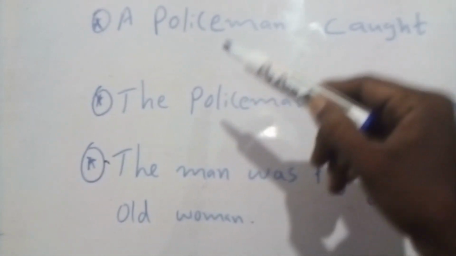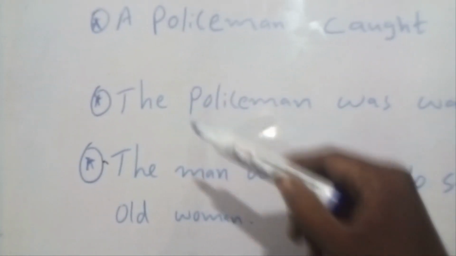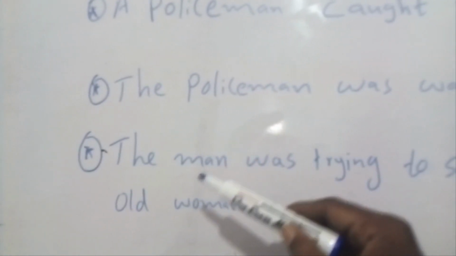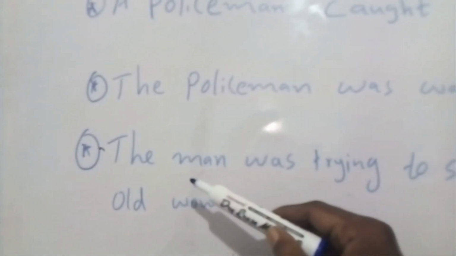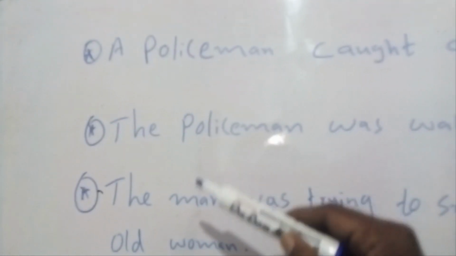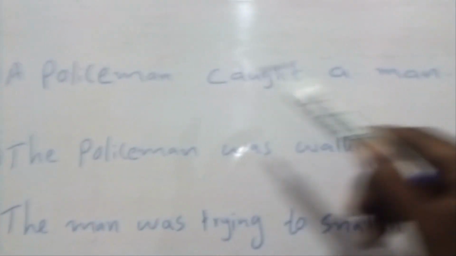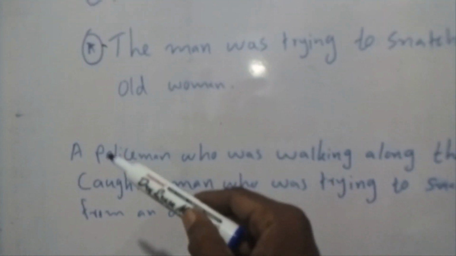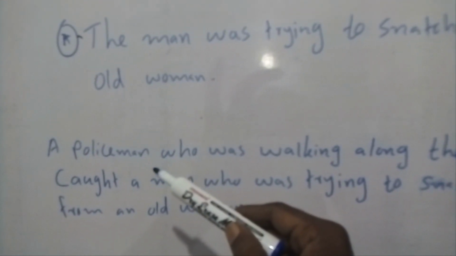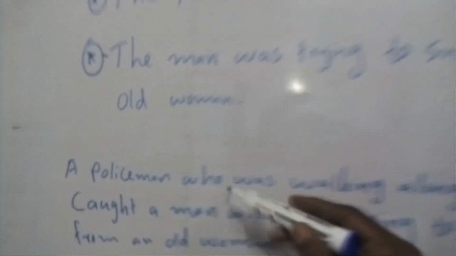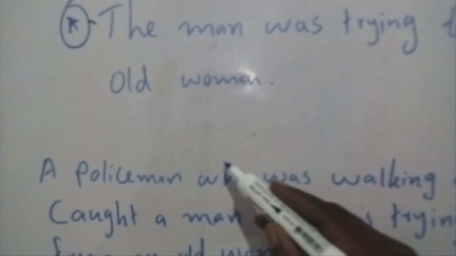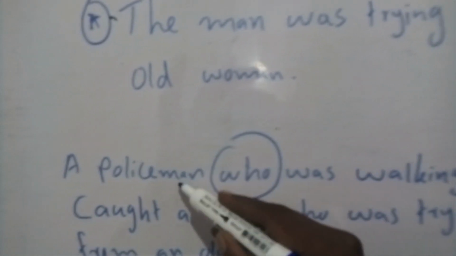This is something more about the policeman, and this sentence is something more about the man. So while keeping the same sentence, I'm going to expand this sentence like this. Look, a policeman who, this is the relative clause which I have used to describe the policeman here.